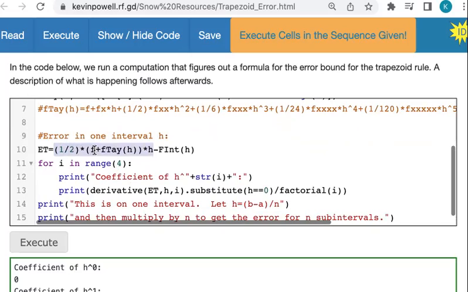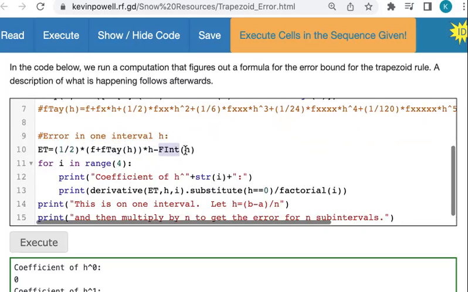We take F of A plus the Taylor series of F with H plugged in, so it's just H away from A, so this is F of A plus H, and this is F of A. Add them together, divide by 2, multiply by H. That's the result of the trapezoid rule.